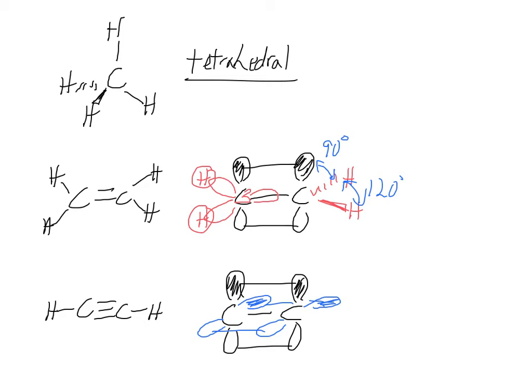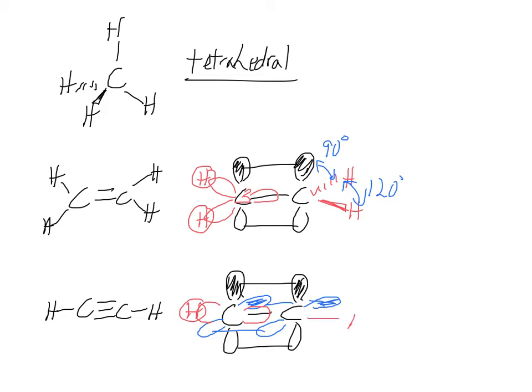And then finally I'll draw in the fat old sp orbitals. And one of them is bonded to hydrogen here. So we have a pi bond with a p orbital, another pi bond with a p orbital, an sp orbital forming the sigma bond to H, and another sp orbital forming a sigma bond to the other carbon.